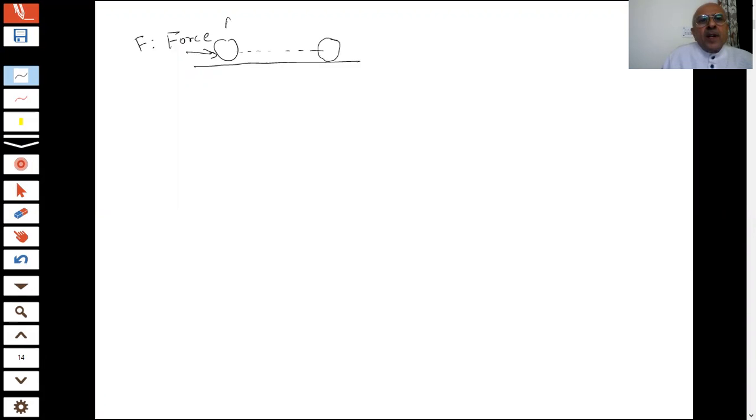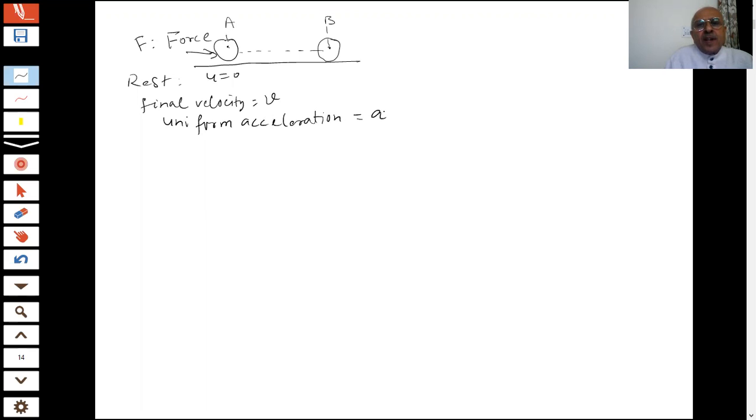from point A to point B. Okay? Got my point? You have applied a force on this object A. It was at rest. So the initial velocity U is 0 and the final velocity is V. And the uniform acceleration produced in the object is A. Okay?